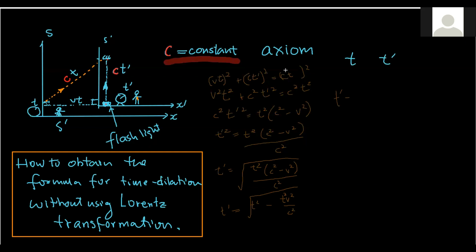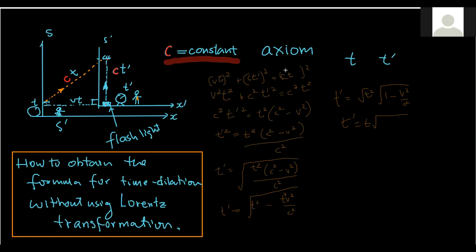Then t prime is equal to... take the square root of t out. 1 minus v squared over c squared. Good. And then that'll be t.